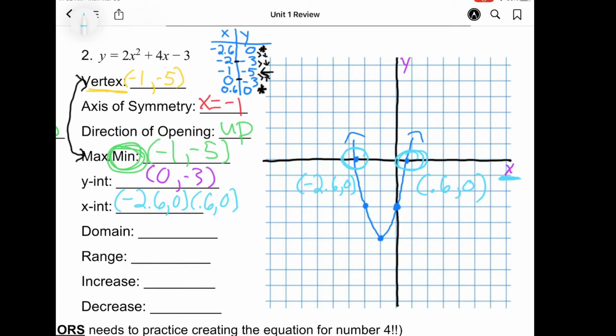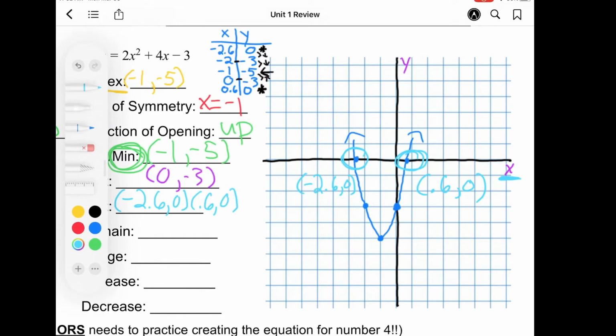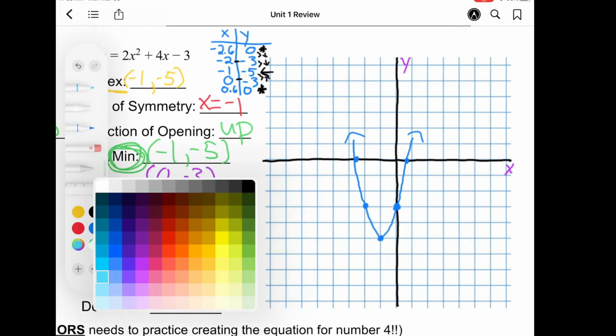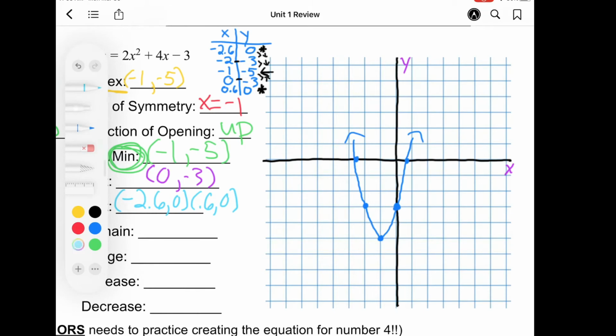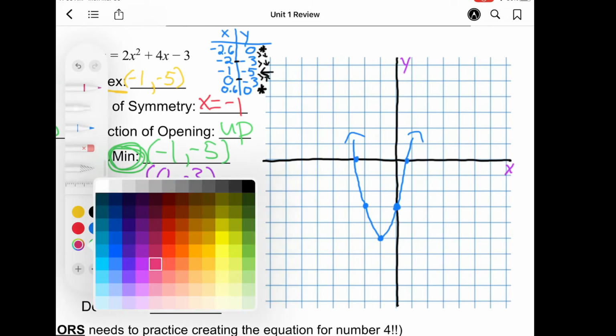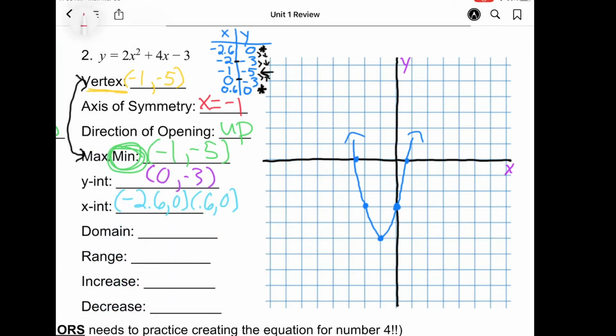Then we're looking at our domain. There it goes. So our domain, always with quadratics, is -infinity to +infinity.